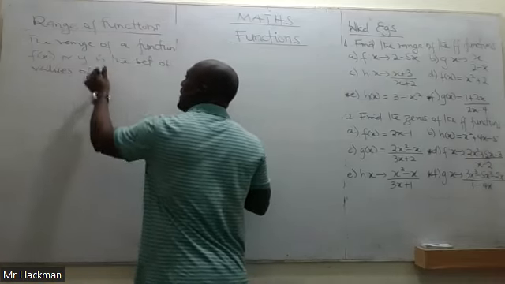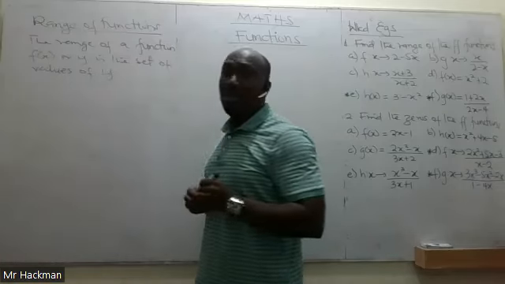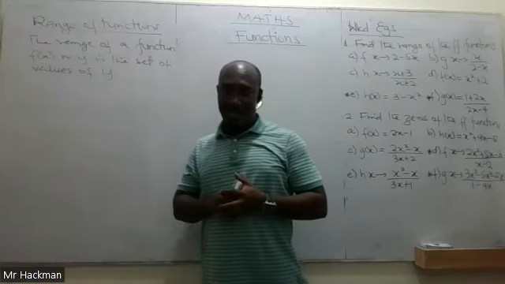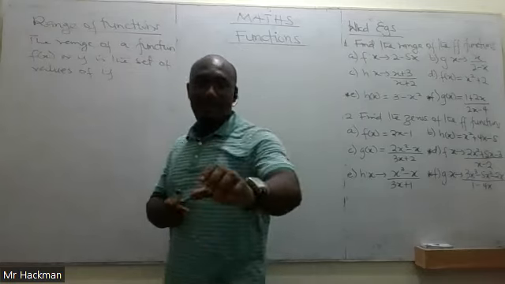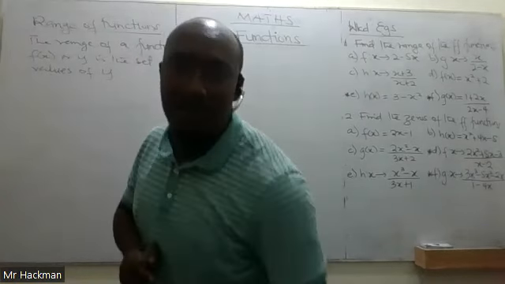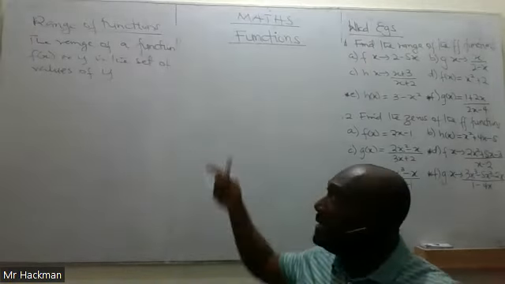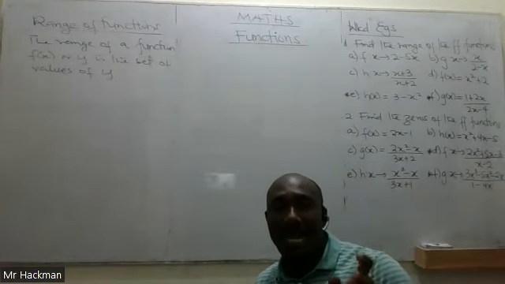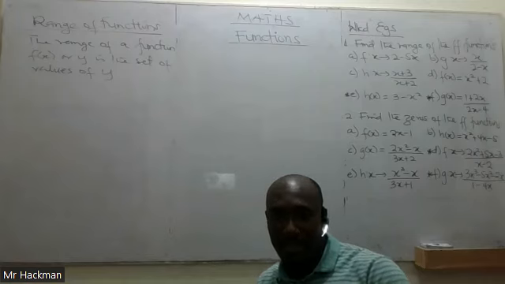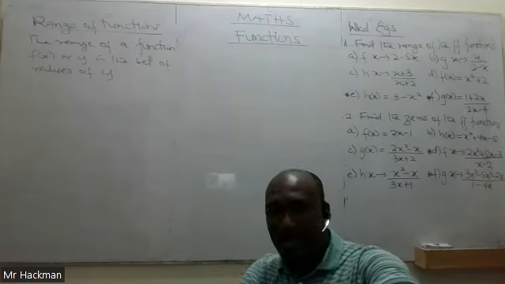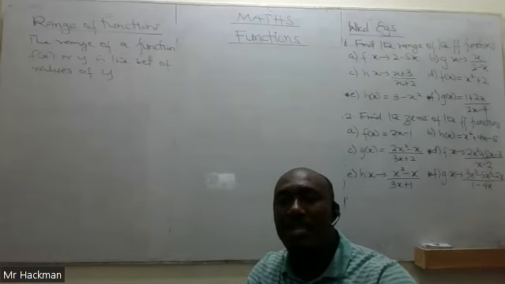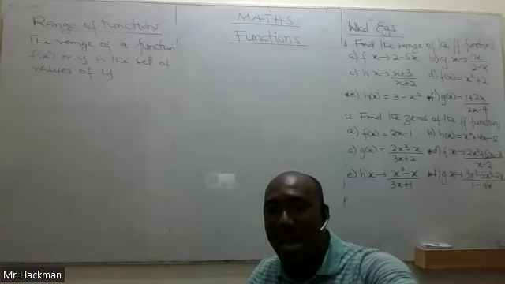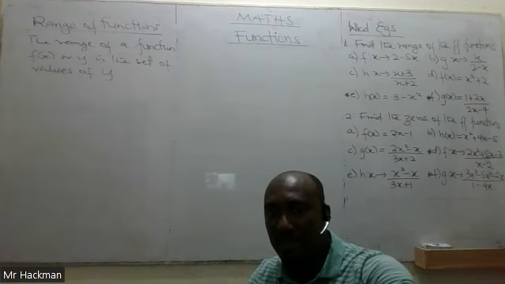Sorry, forgive me, because we said the range will be in terms of y. But if you look at the definition of the domain, we said it will be the x that will make f of x defined. So it is the opposite this time around. It will be the y that will make the x defined. Is my point well made?